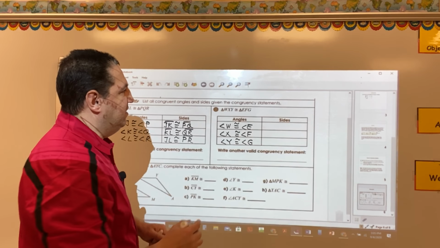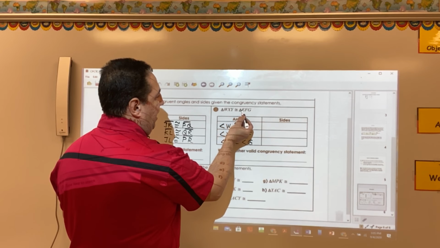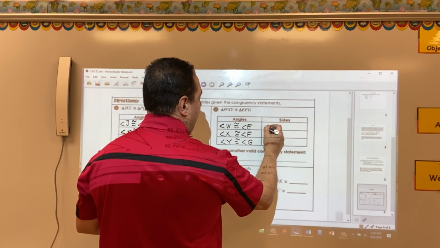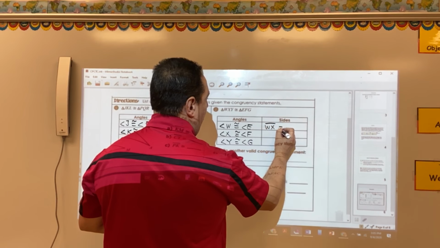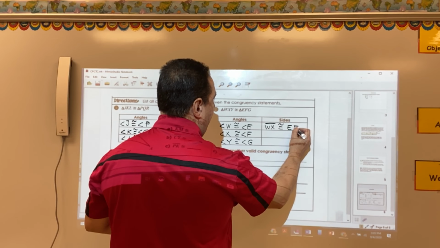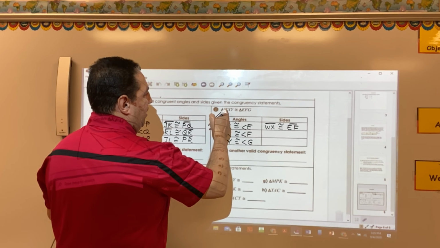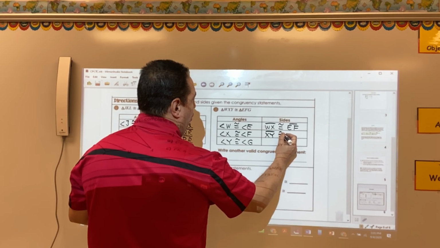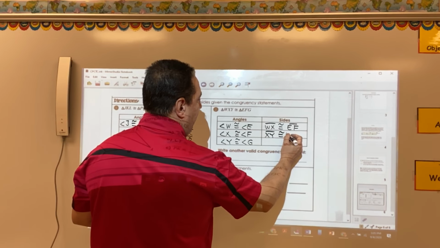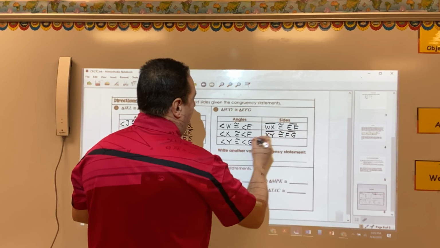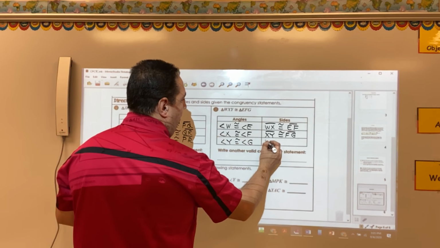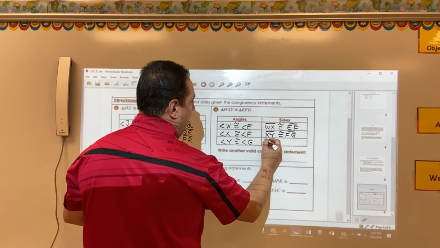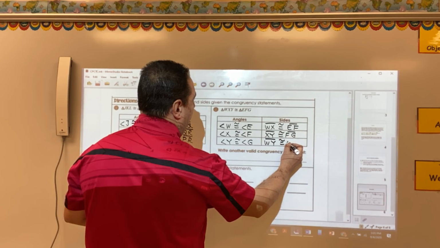And now for sides, we have WX congruent EF. Then XY congruent FG. And finally, WY congruent EG.